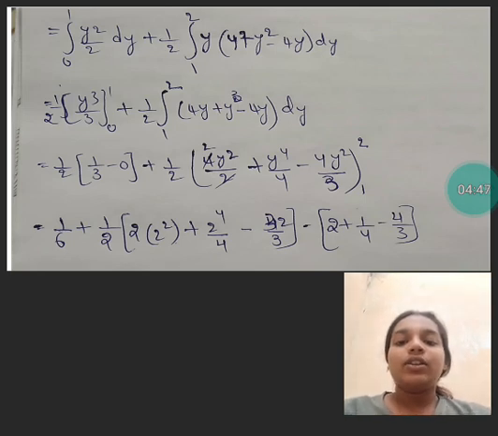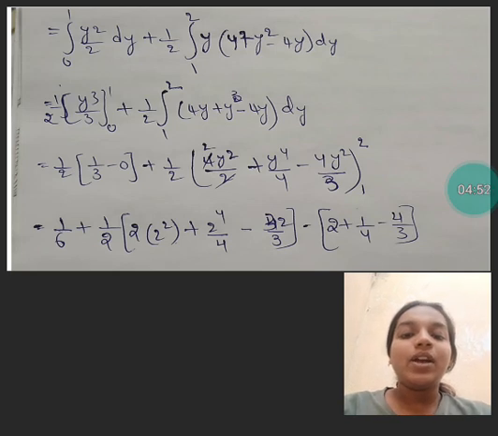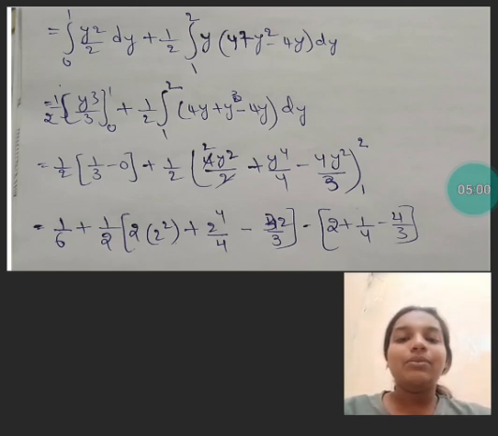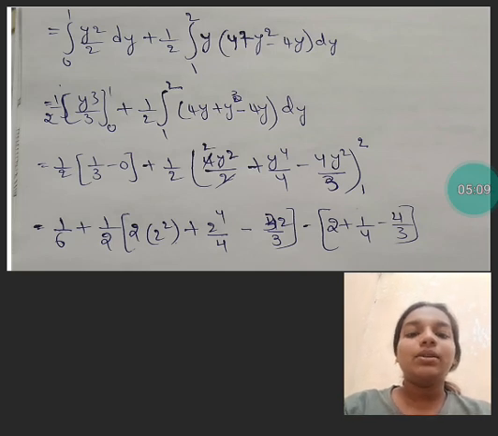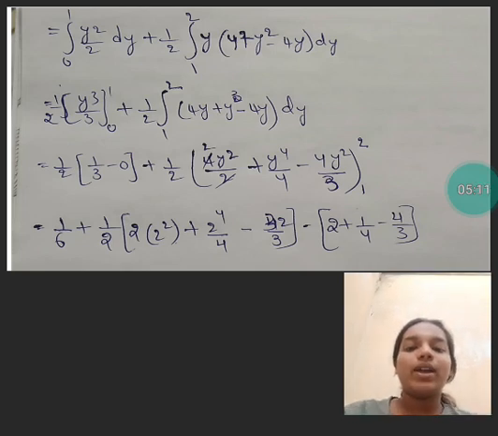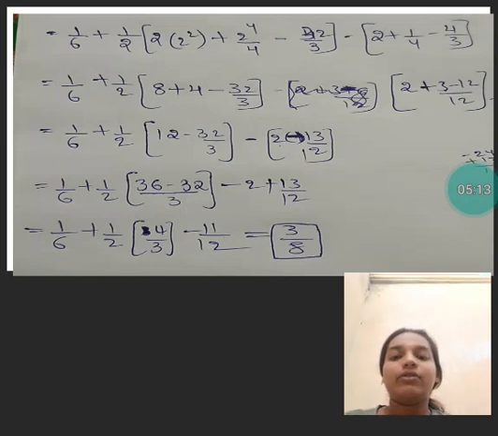Next, if we multiply 1 by 2 into 1 by 3, it becomes 1 by 6. Next, 4y square by 2, it cancels to 2 y square. If we apply the limits in place of y, it becomes half into 2 into 2 square plus 2 power 4 by 4 minus 32 by 3 minus 2 plus 1 by 4 minus 4 by 3.